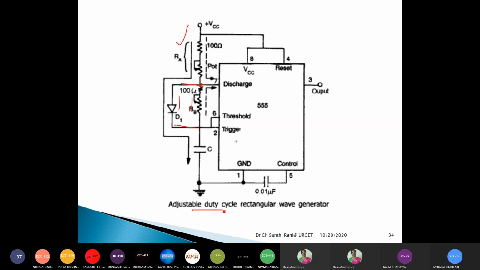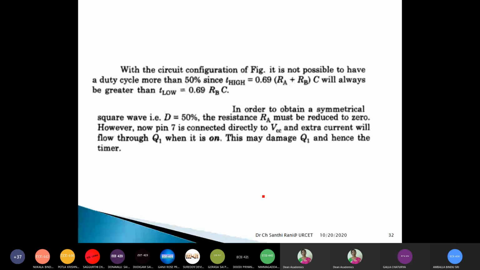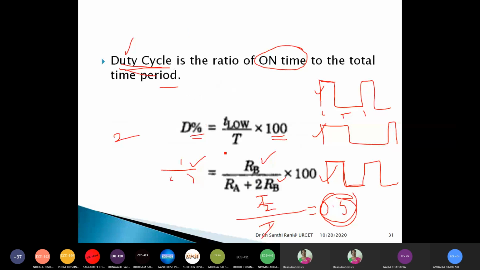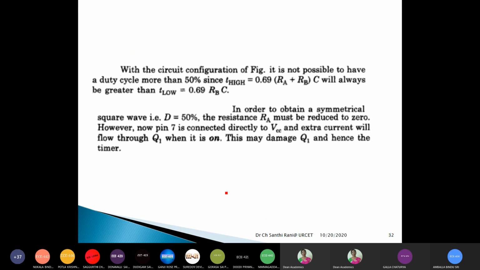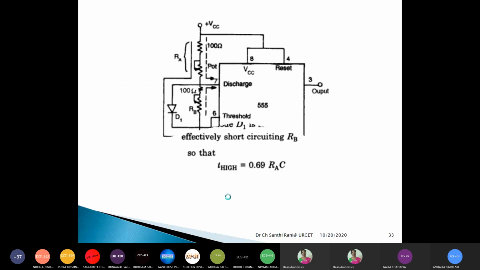It is an adjustable duty cycle when you keep one potentiometer here. You know what duty cycle is and what factors it depends on. Duty cycle depends on RB and RA, so if at resistor RA you place one potentiometer, you can have adjustable duty cycle.